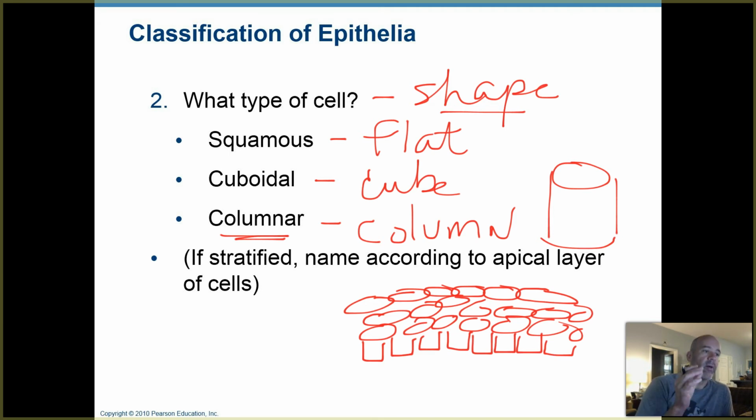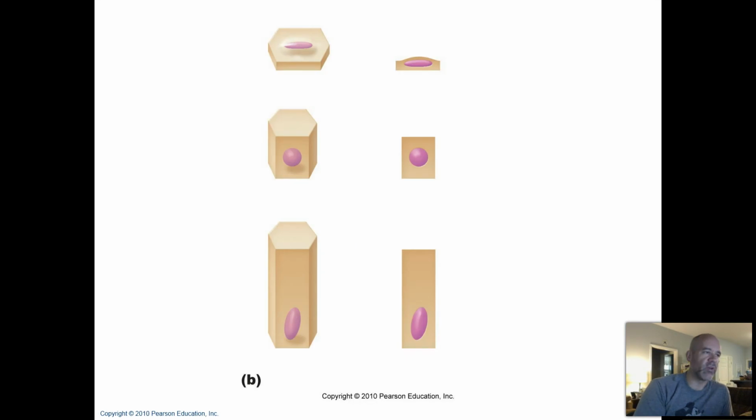But then you have two different cell shapes in there, so the convention is to use the layer name that's in the apical position. Apical means that it's facing the interior space if it's inside the body, or the air on the outside if you're on the outside of the body. That's the apical side, and I go into more of that on the physiology lecture, so I won't repeat it here. So you would call this a stratified squamous epithelial tissue, even though you do have some cube-shaped cells down deeper.